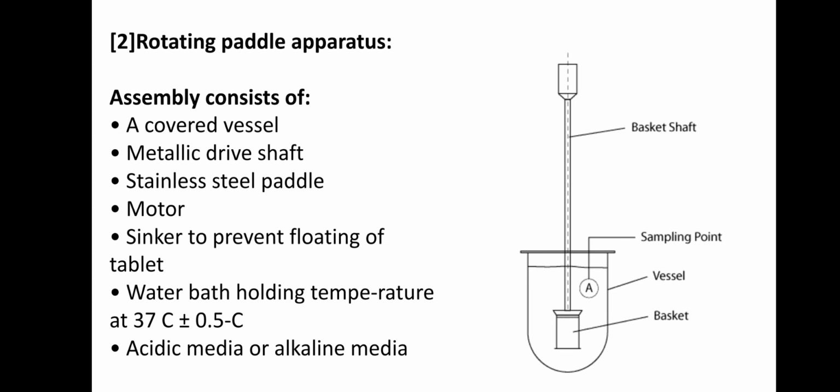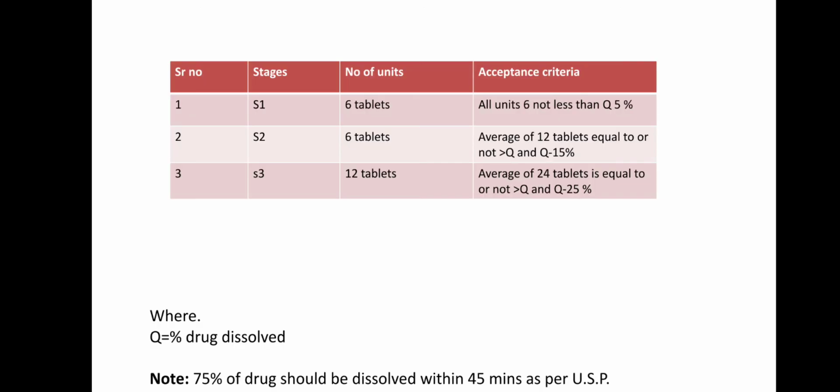The rotating paddle apparatus assembly consists of a covered vessel, metallic drive shaft, stainless steel paddle, motor, sinker to prevent floating of the tablet, water bath holding temperature at 37 degrees Celsius plus or minus 0.5 degrees Celsius, and acidic or alkaline media.